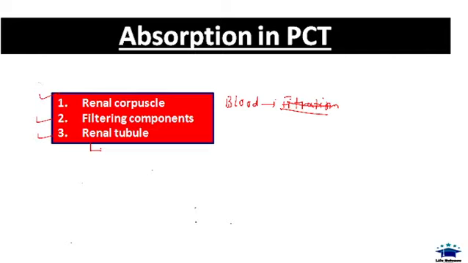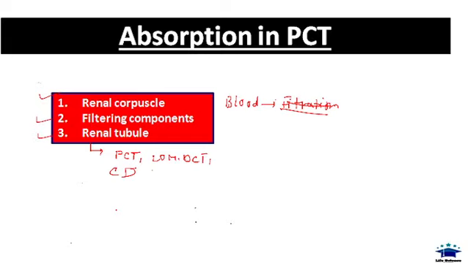What are the constituents of the renal tubule? The renal tubule consists of PCT, loop of Henle, DCT, and collecting duct. These are the constituents of the nephron which participate in absorption as well as in secretion, so simultaneously I will be talking about secretion also.